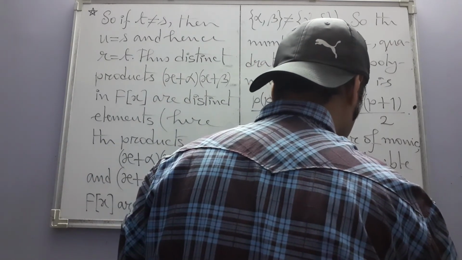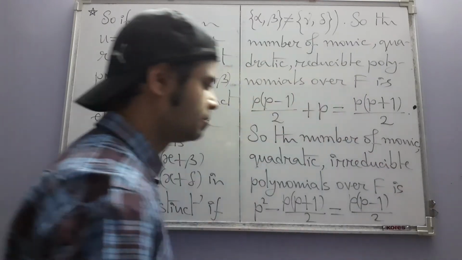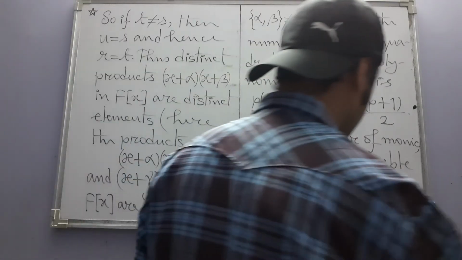That means p times p minus 1 divided by 2.